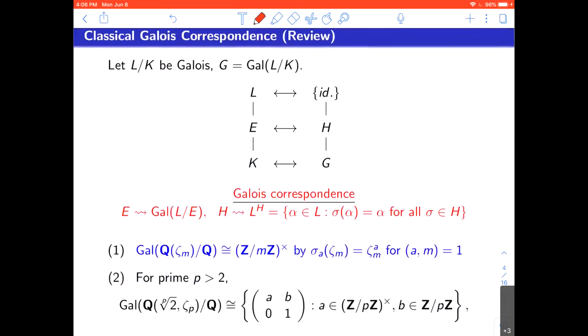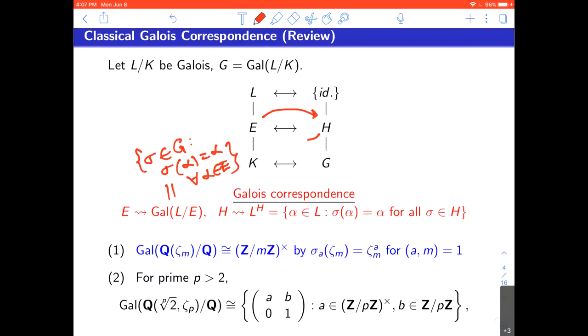So the whole point about the Galois theory is that we have this correspondence going from the intermediate fields to some subgroup. The subgroup is just the automorphisms that fix the elements in that field. Maybe more than the bottom field.